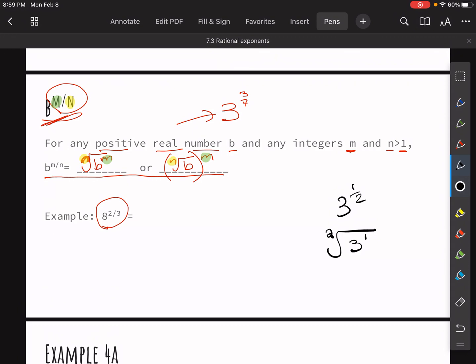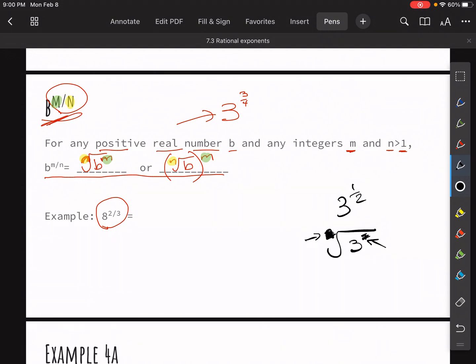But by default, the square root sign just means second root, so we don't put that. And then anything to the first power we don't worry about, so we didn't put that. So we just said that 3 to the half is the square root of 3. The same rules hold up. We just don't write in that little 2 and that 1 because it doesn't change anything. Okay, so maybe we should, just to get used to that habit.